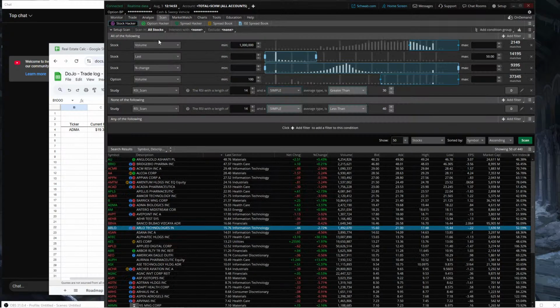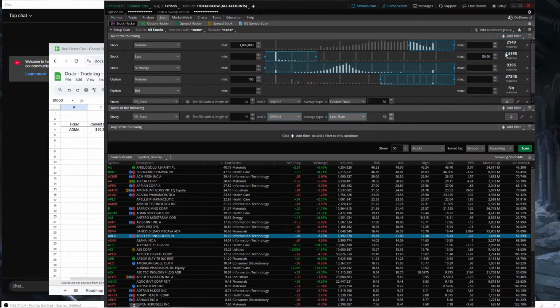Gotta change this scan really quick. Option volume 100 minimum. I thought that was kind of our thing. But that's what we added in there. Let's see.